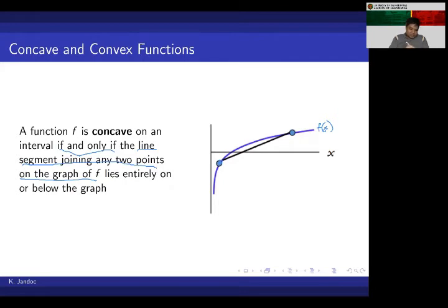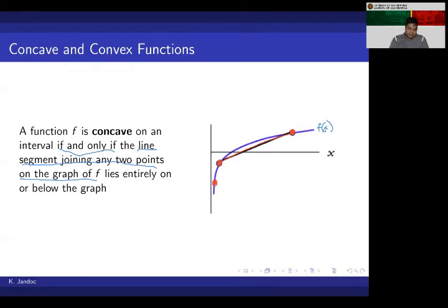Let's change the color. This is one point on the graph, this is another point, and we draw the line segment that connects the two. If all the line segments are on or below the graph, then that function is concave.